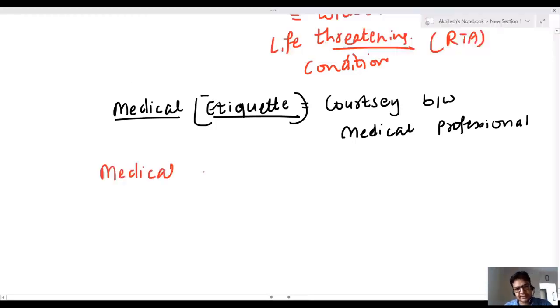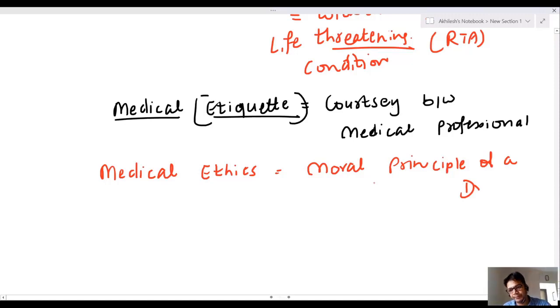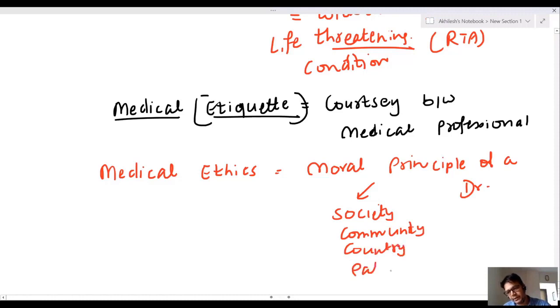Medical ethics. The moral principle of a doctor for society, for community, for country, for patient. Sir, this is known as medical ethics.